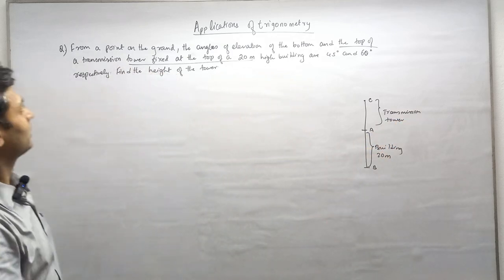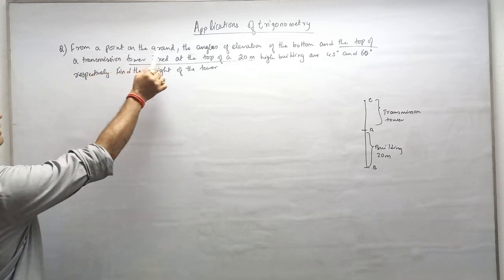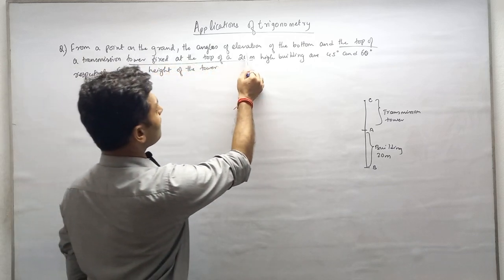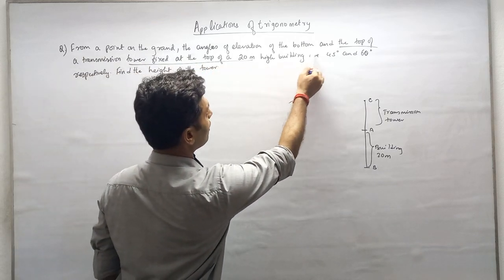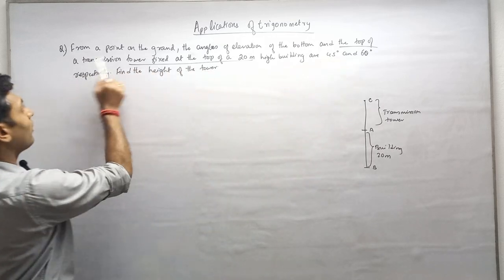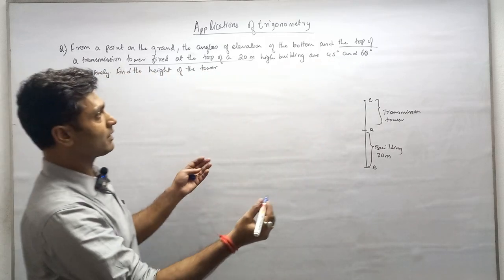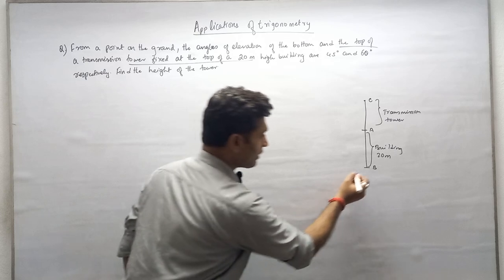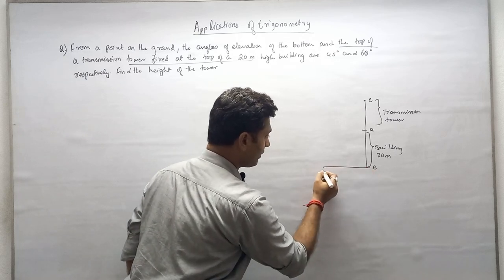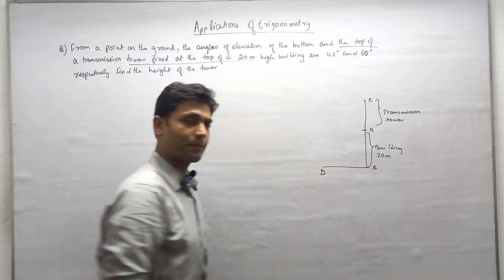Now it's saying from a point on the ground, the angles of elevation of the bottom and the top of the transmission tower. So let's say this is the point on the ground. Let us mark this point as T.